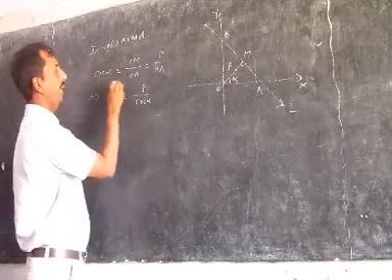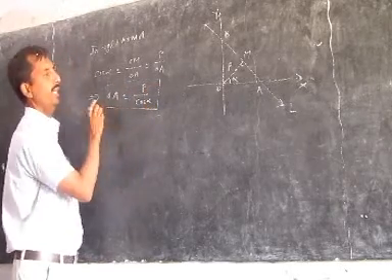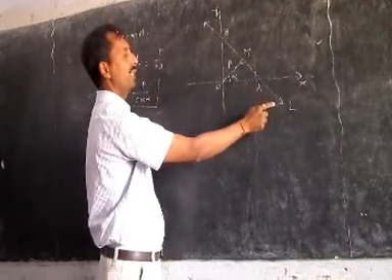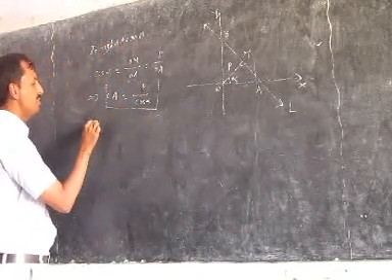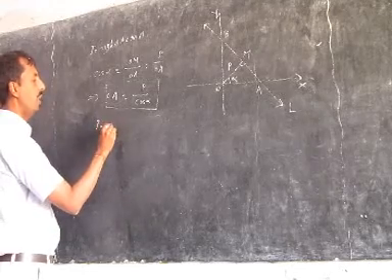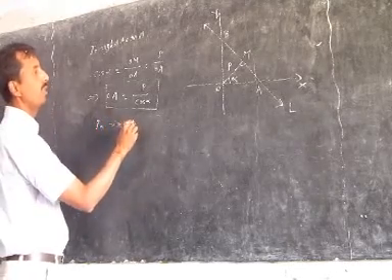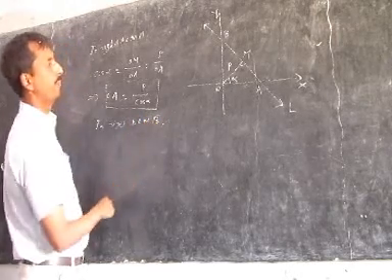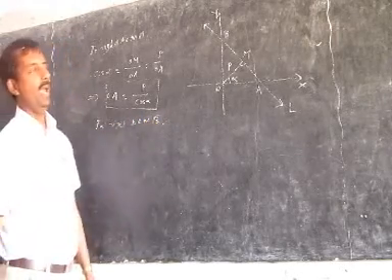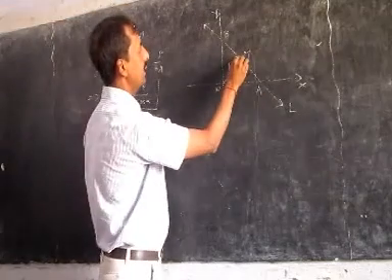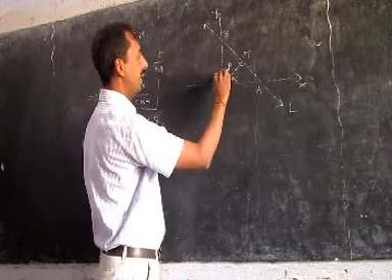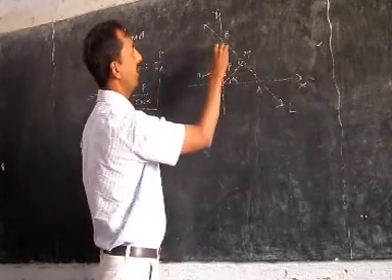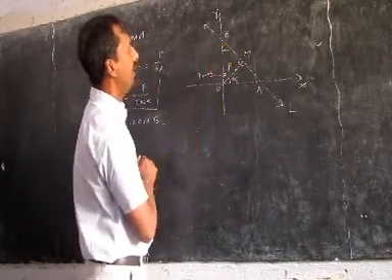So this OA is the x-intercept of this line L. Now in right triangle OMB, since this angle is 90 degrees and this angle is 90 minus alpha, this will be alpha.